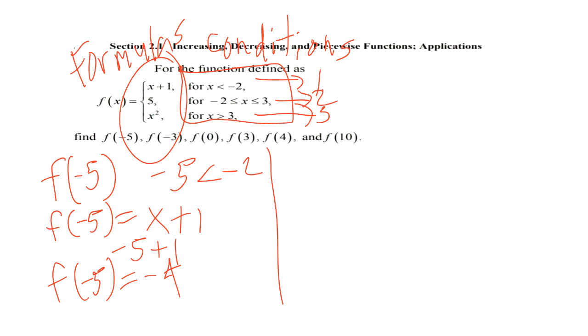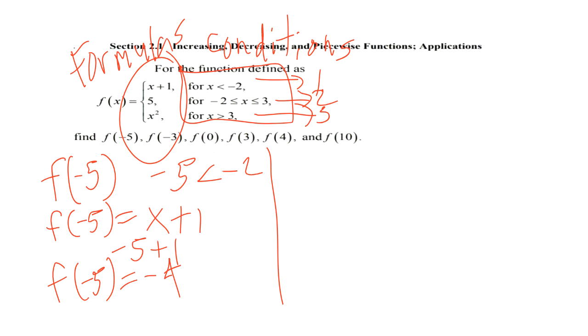Now, if I look at f of -3, find f of -3, I need to know what constraint I need to pick. So is -3 less than -2? Is -3 greater than or equal to -2, or is -3 less than or equal to 3 for that condition number 2? Or is -3 greater than 3?